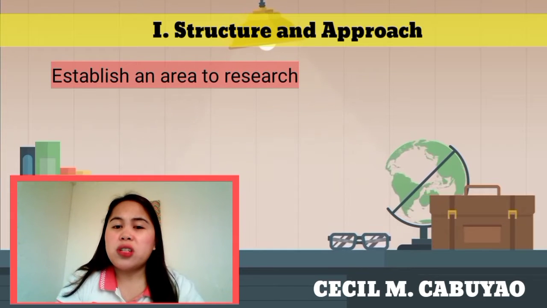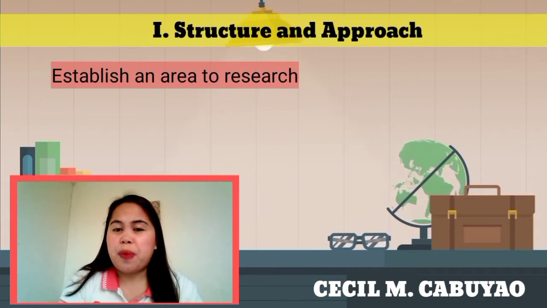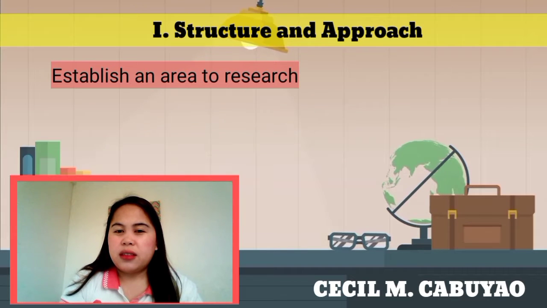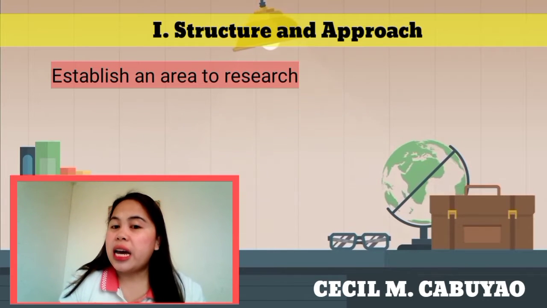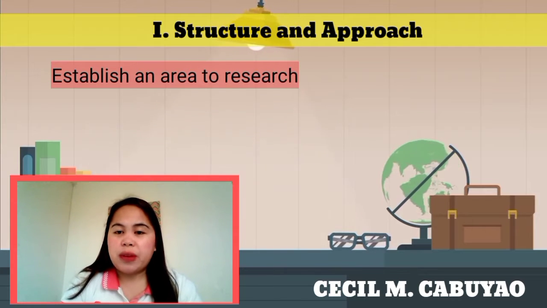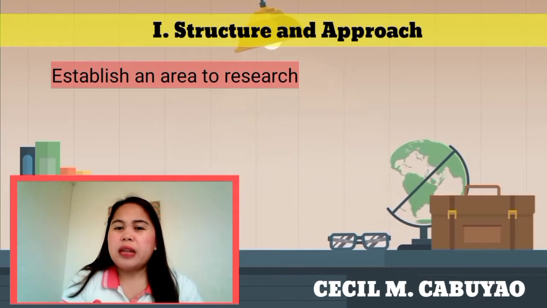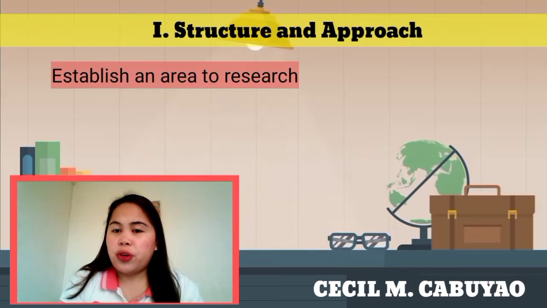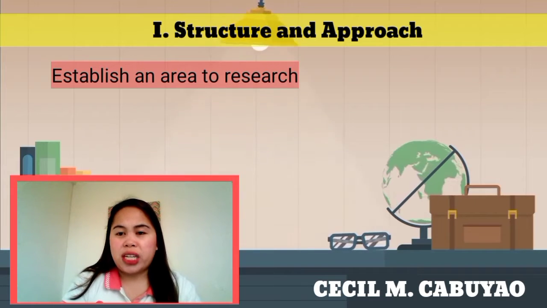First, you have to establish an area to research. It consists of highlighting the importance of the topic, making general statements about the topic, and presenting an overview on current research on the subject.